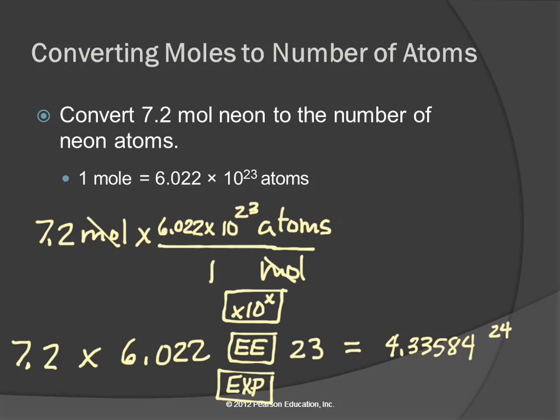We don't write calculator language down when we're communicating with people. We need to convert this into human math language. Okay? That means there's a times 10 to the in there. And I'm going to think about my significant figures, and I started with 2, so I'm going to end with 2. And I'm going to have 4.3 times 10 to the 24th atoms.